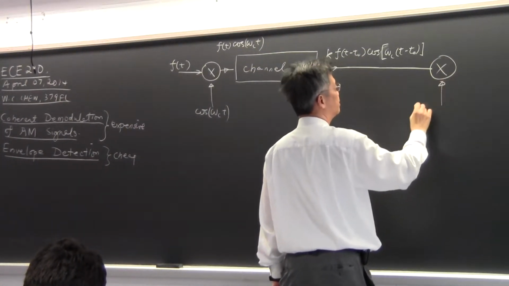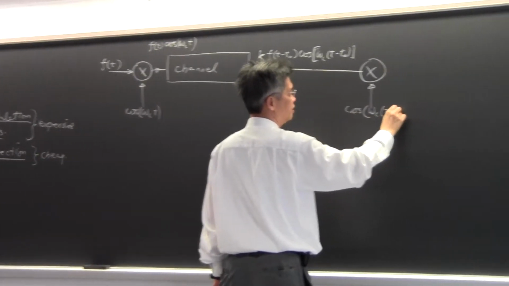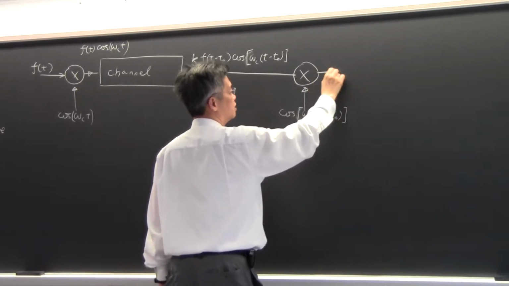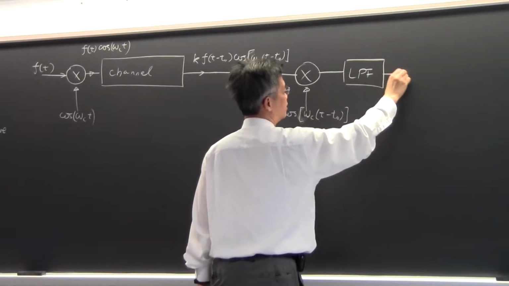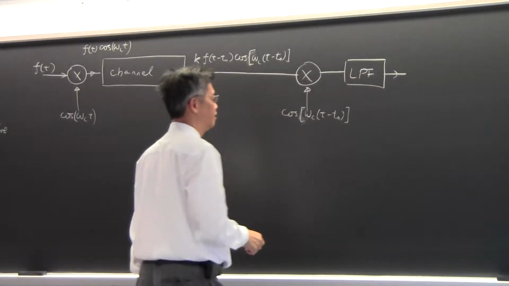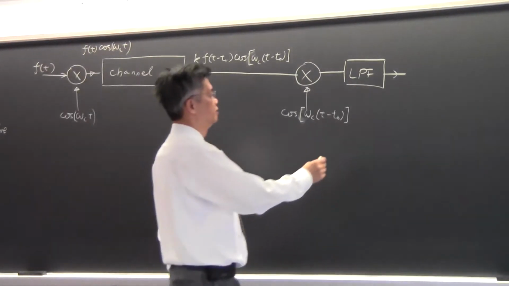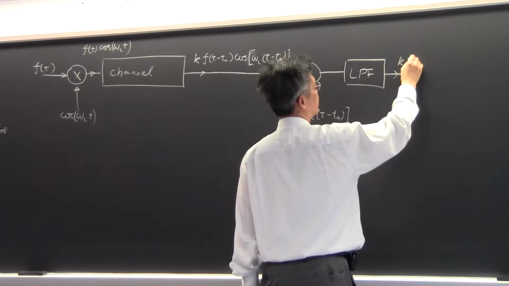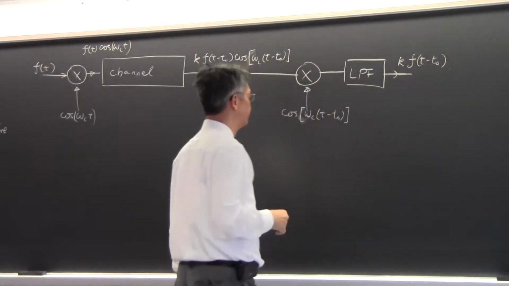So what you do then is multiply by cosine of omega c (t minus t naught), and then go through a low pass filter, and out comes something that looks like k f of t minus t naught or something like that.